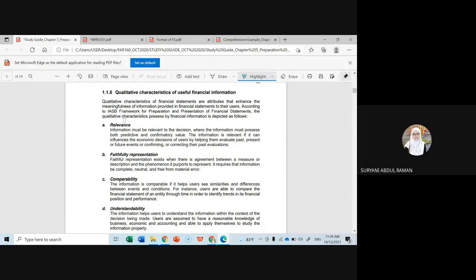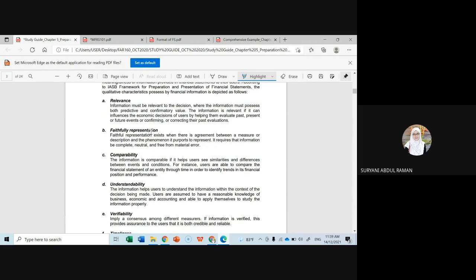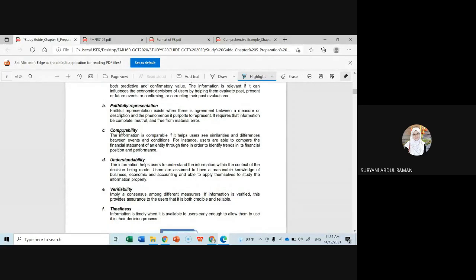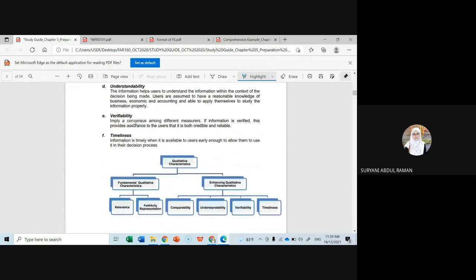So you must ensure that the information that you want to disclose in your financial statement is relevant, faithfully represented, no cheating. You must show whatever happened, whatever was incurred, faithfully. It should be comparable, understandable, verifiable, and timely.